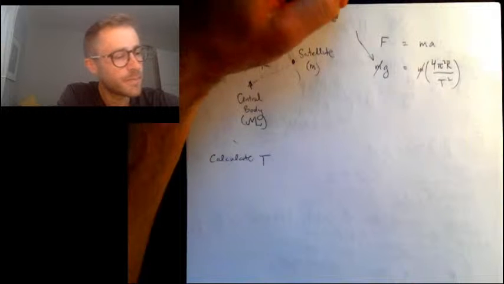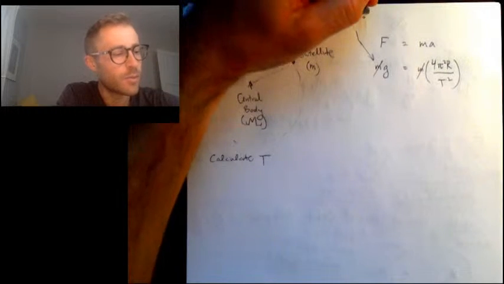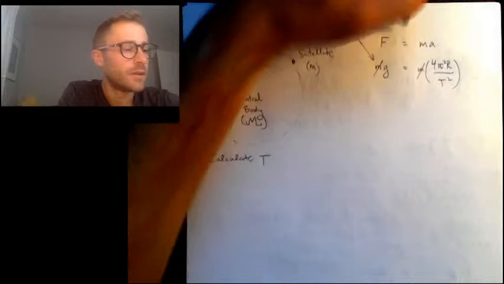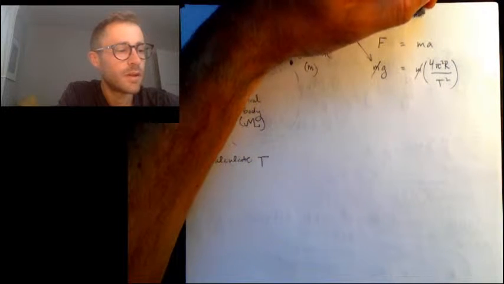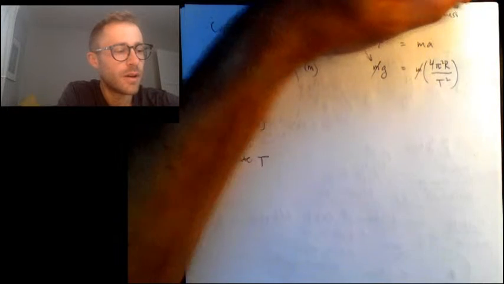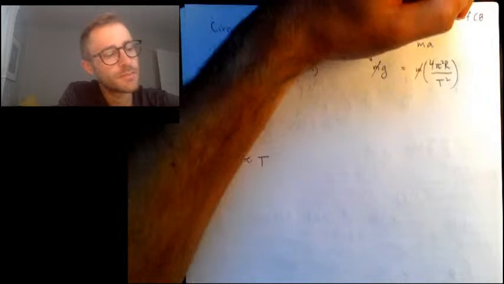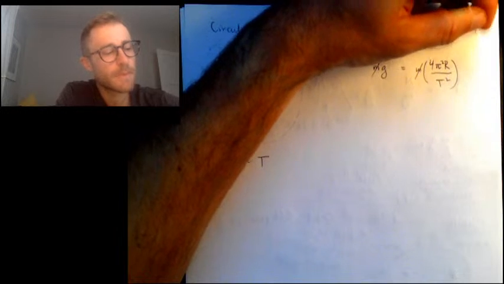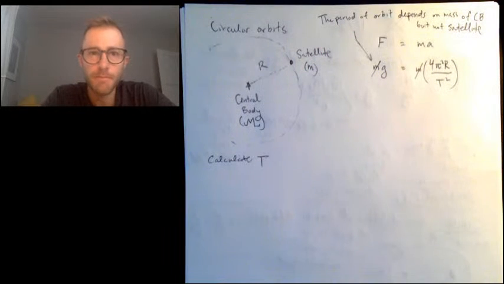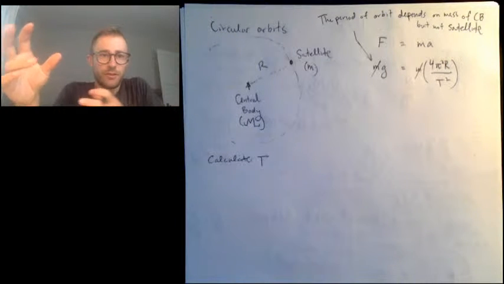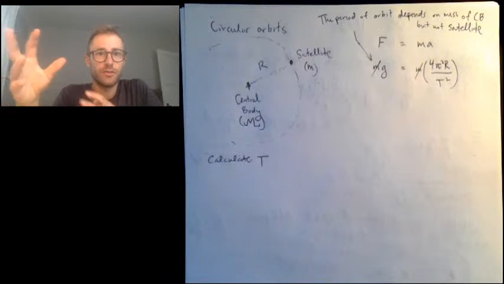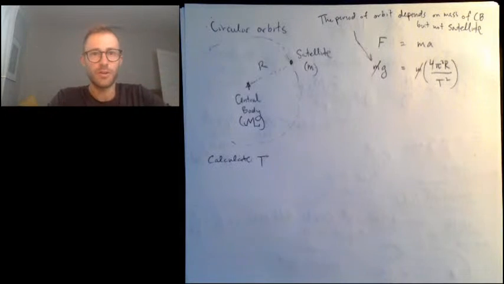The period of the orbit depends on the mass of the central body, but not the satellite. So if we put two satellites in the same orbit, but they have vastly different masses, they're going to maintain their separation.